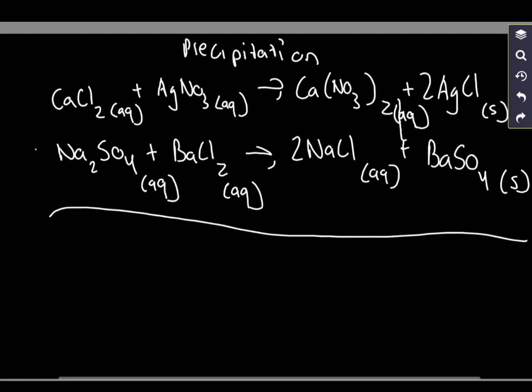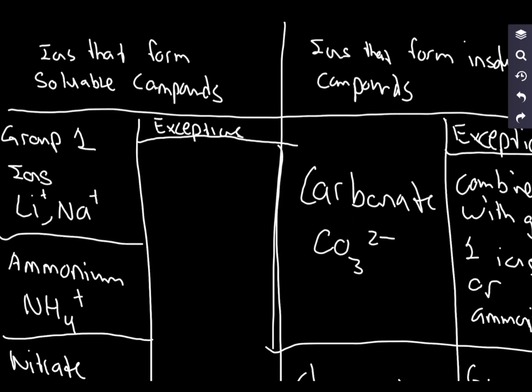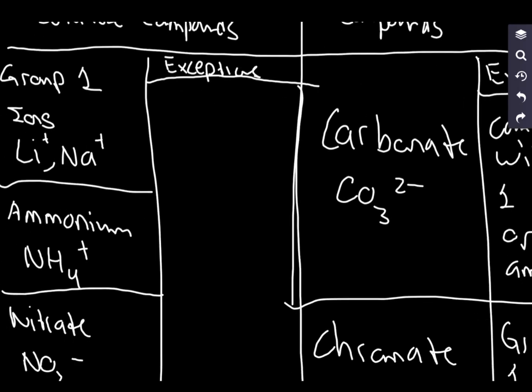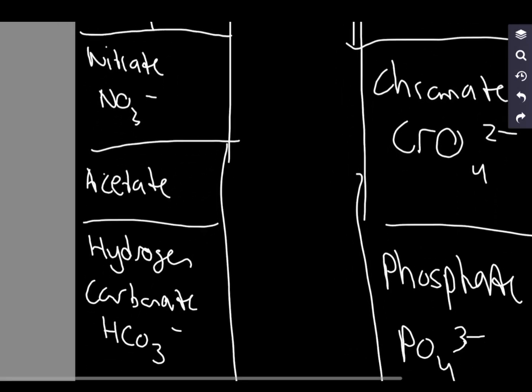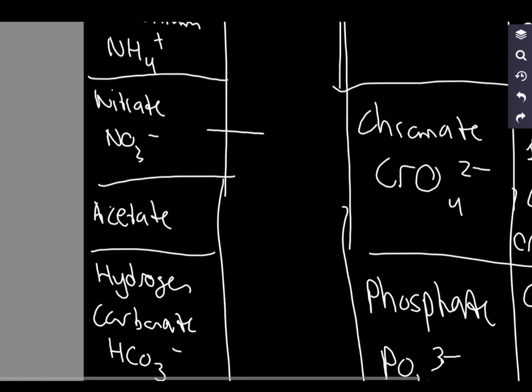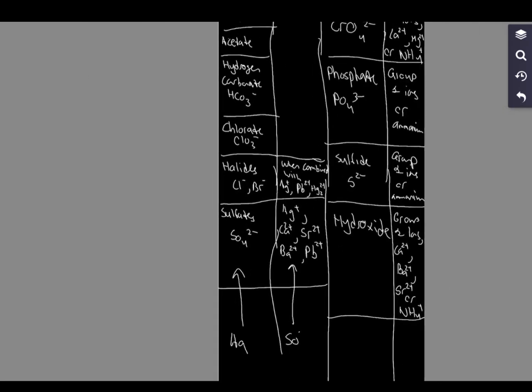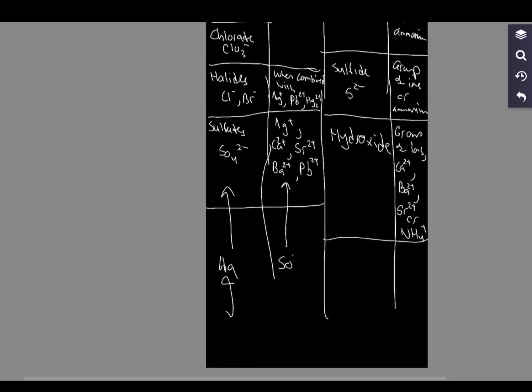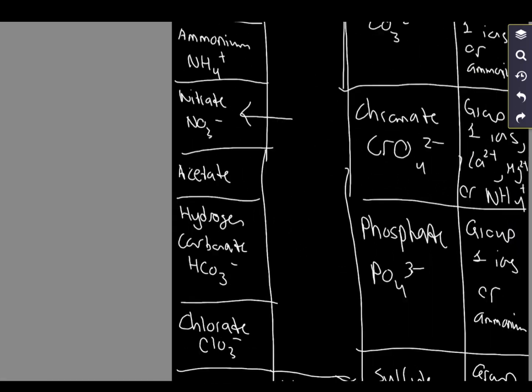And we can also check this one, the CaNO3, to see if it's aqueous or not. Back to our table. So our aqueous thing is going to be NO3, right? Well, guess what? NO3, which is nitrate, is indeed going to be aqueous.